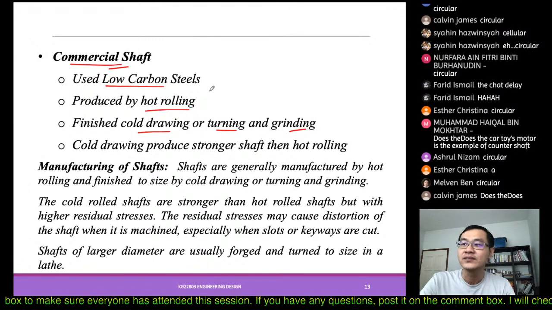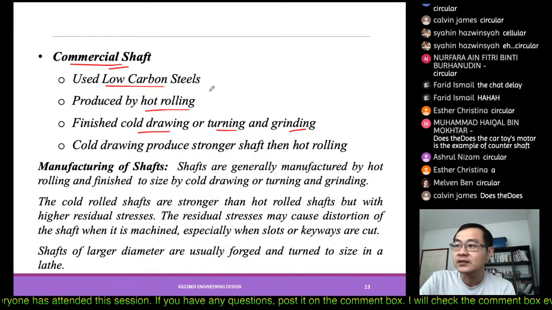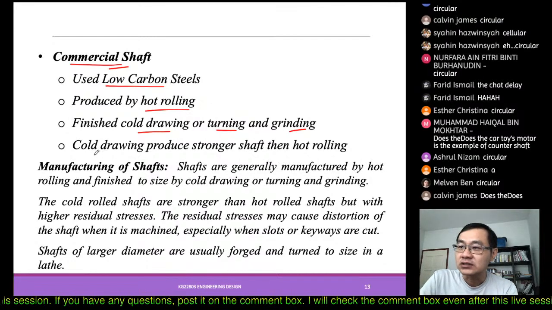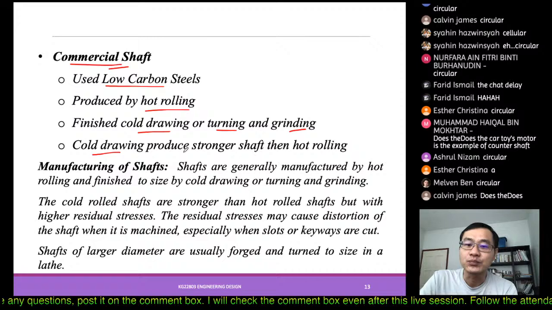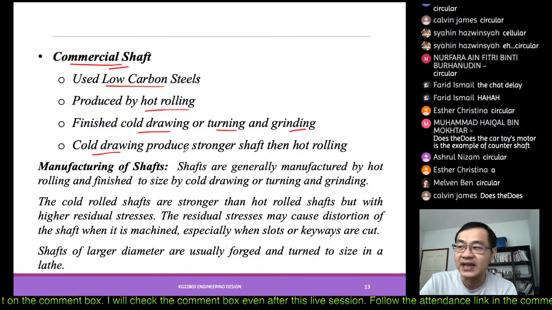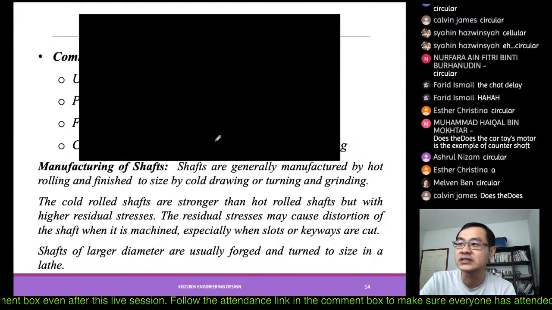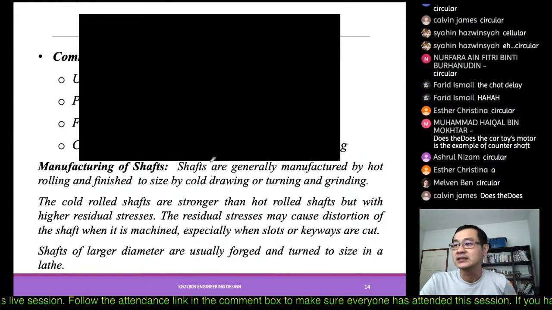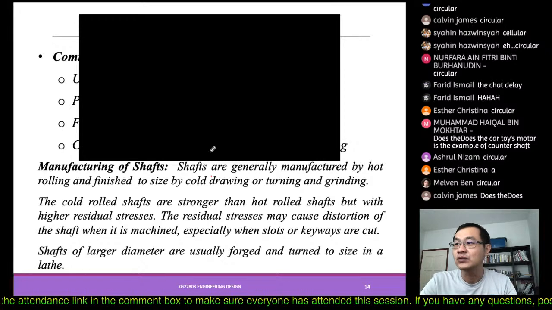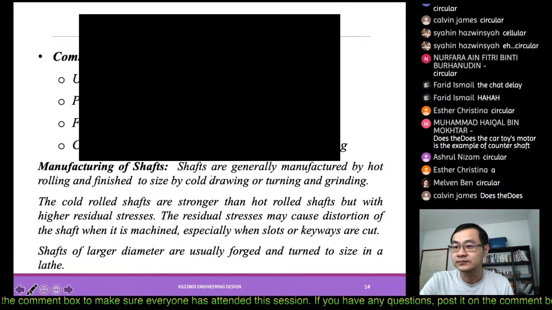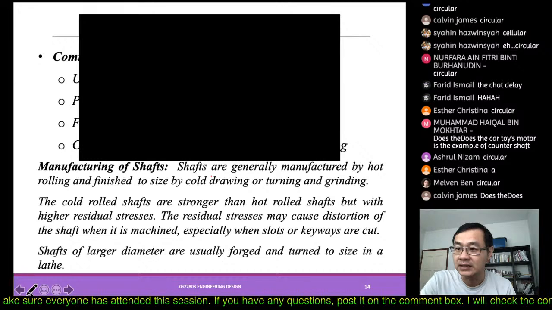Hot rolling, because the cold drawing itself will produce a stronger shaft than the hot rolling itself. So first we will see a video and how it may work.